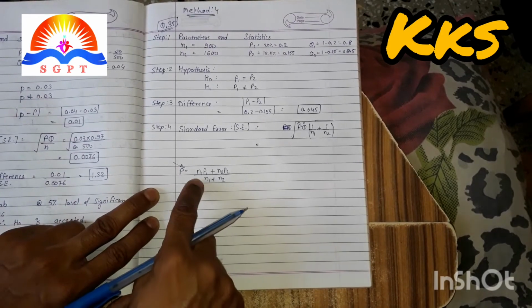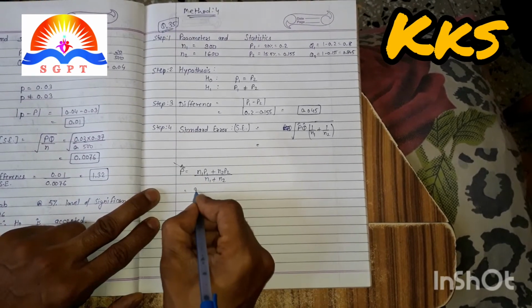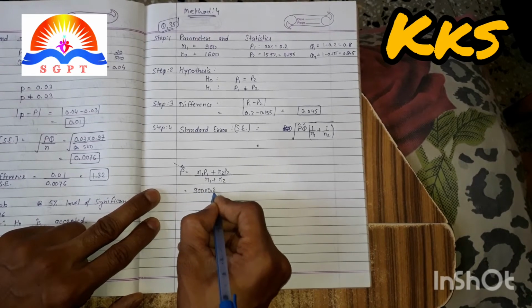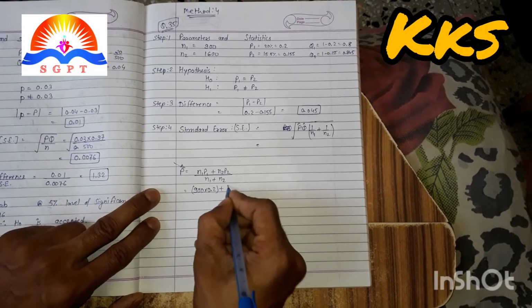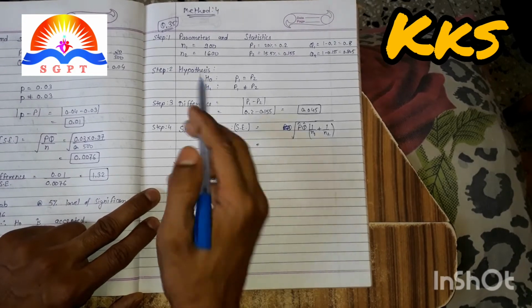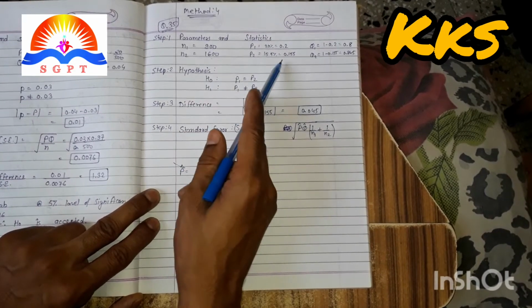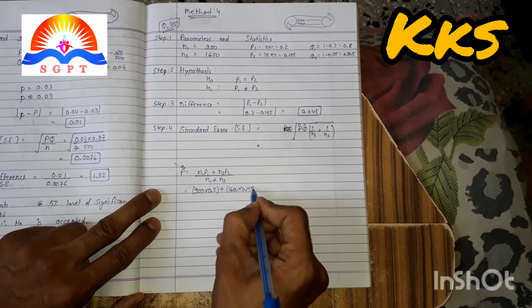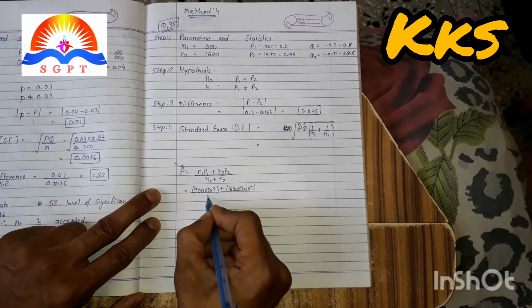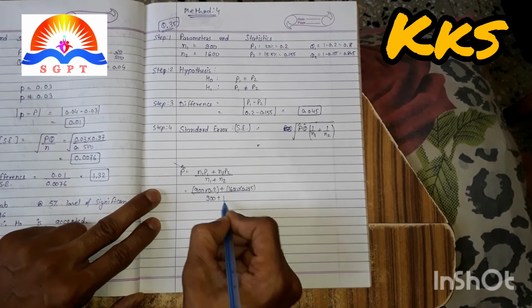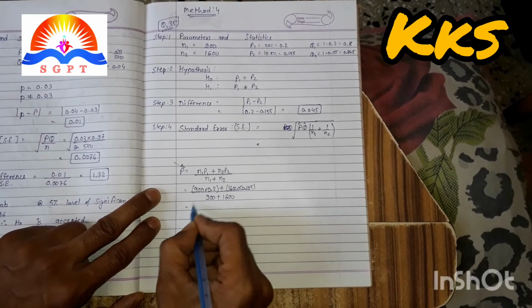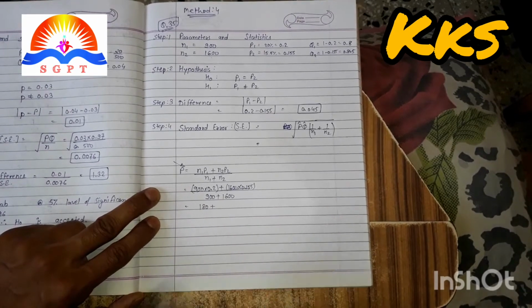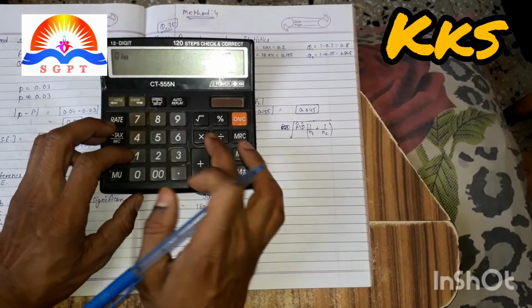So how can we calculate that? N1 is 900 into P1 0.2, plus N2 1600 into P2 0.155, divided by N1 plus N2, 900 plus 1600.